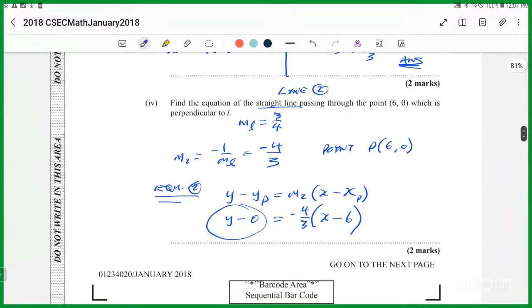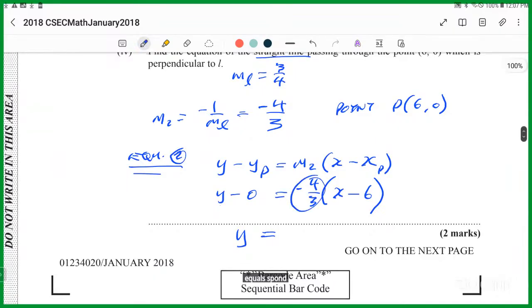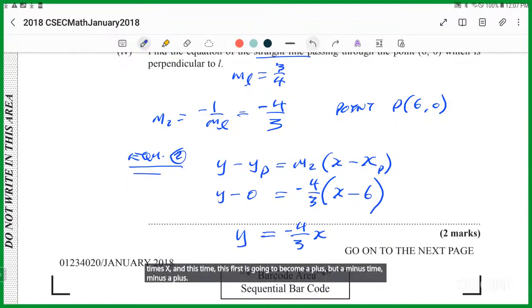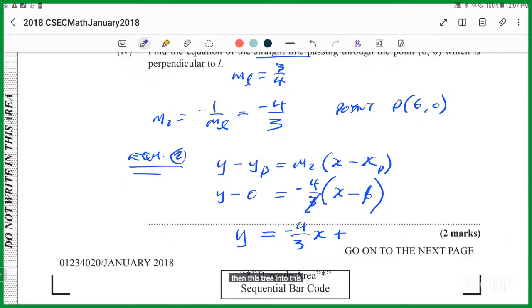So this side just remains y equals, expand this now, minus 4 over 3 times x. Then this first is going to become a plus because minus times minus is a plus. Then 3 into 6 is 2, and 4 times 2 is 8. Plus 8. And this right here is the answer for this question.